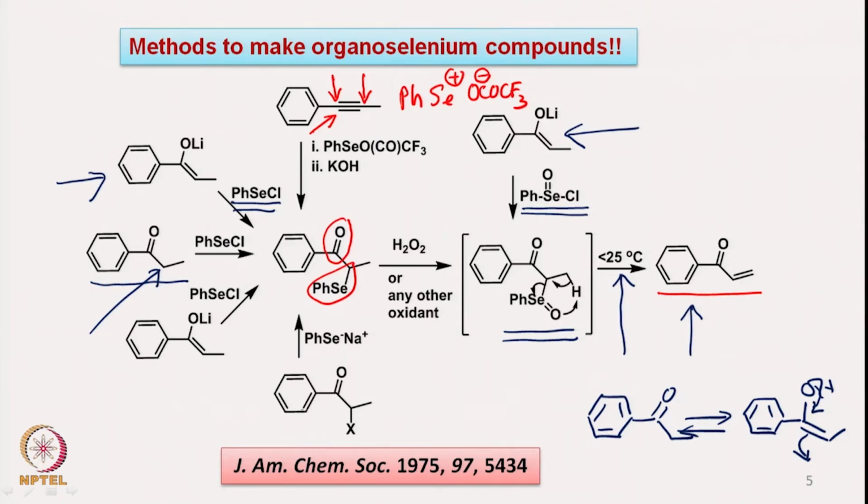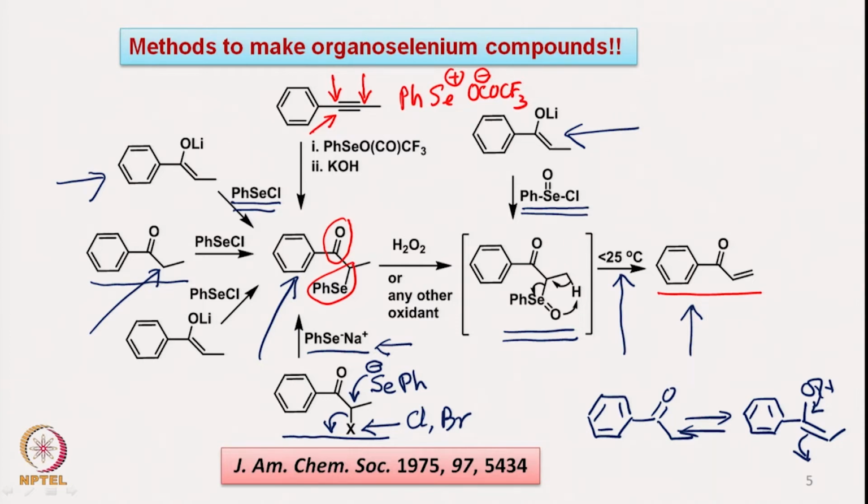This reaction here is from an alpha halo ketone. For example, here one can take chlorine or bromine, any such leaving group, and then have a nucleophilic selenide, for example sodium phenyl selenide, which can directly attack at this carbon and let the halide go, and one can form the corresponding alpha seleno ketone, which gives under the same conditions the alpha beta unsaturated ketone.